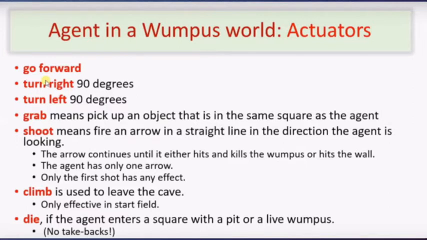Then there is shoot, which means firing an arrow in a straight line in the direction the agent is looking. Right now the agent is looking right, so if it wants to fire an arrow, it will fire to the right side only.